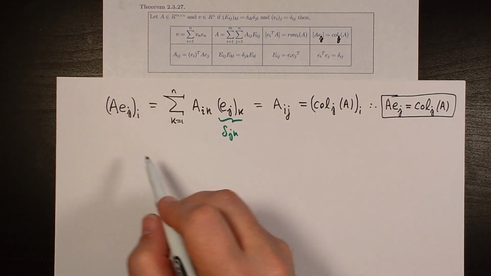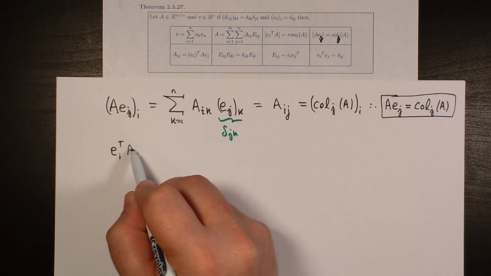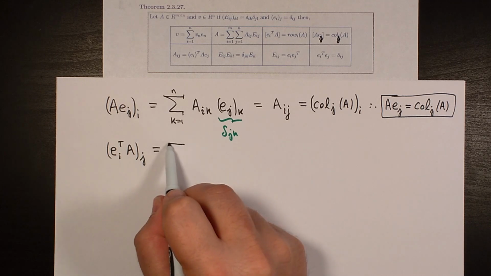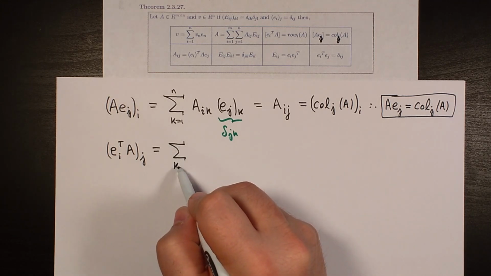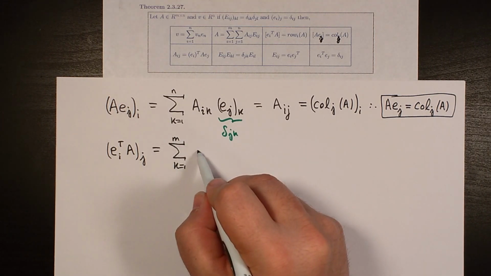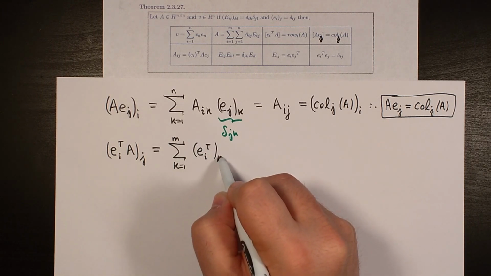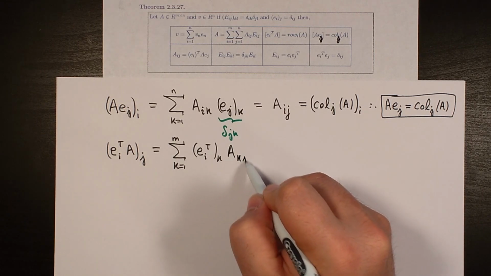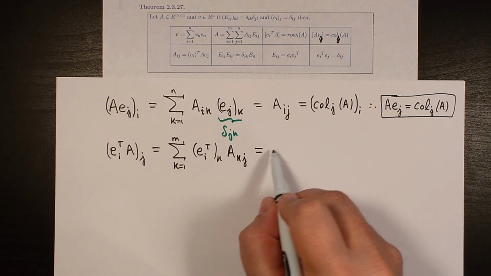I'll actually work it out. So if we have E_i transpose times A, and we look at the jth component of that, again, by one of the special cases for matrix multiplication I wrote in class, we've got a sum over k, this time k equals 1 to m. We're looking at the kth component of E_i transpose times A_kj.